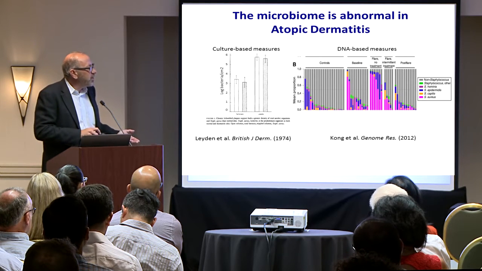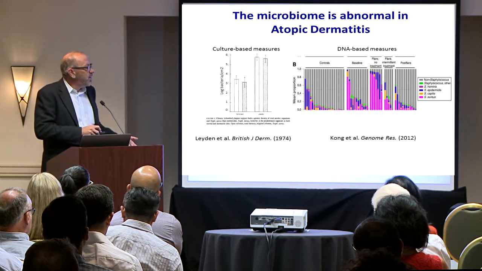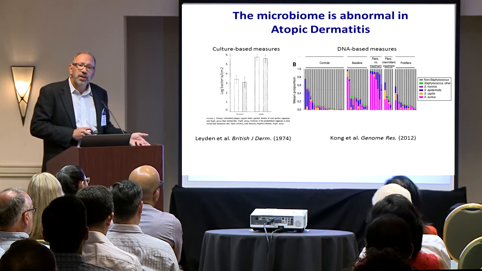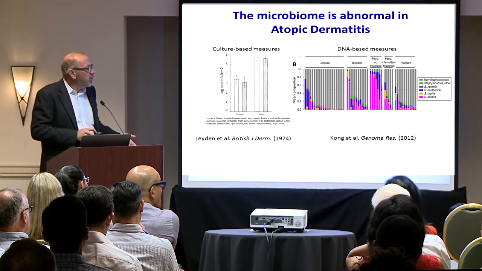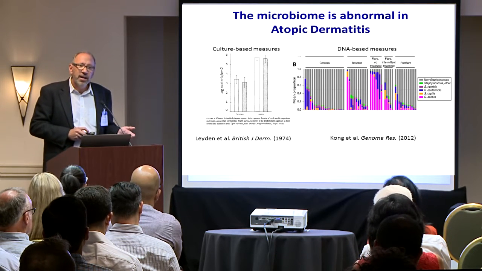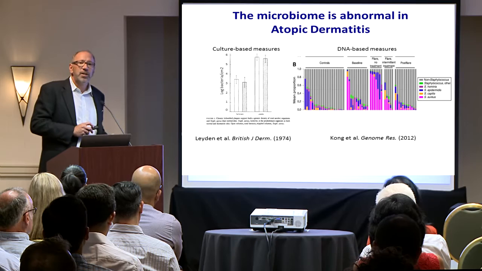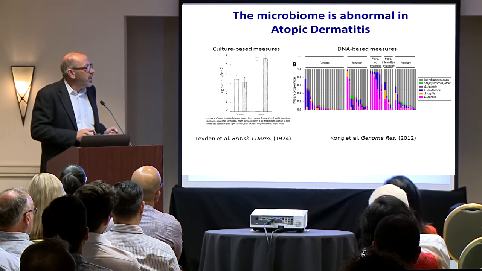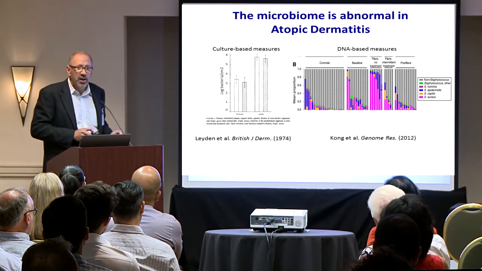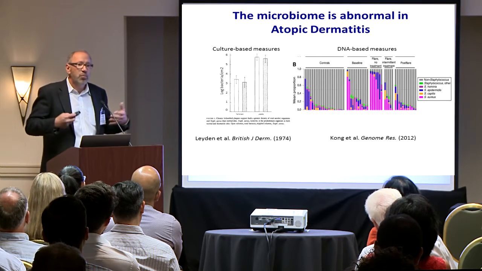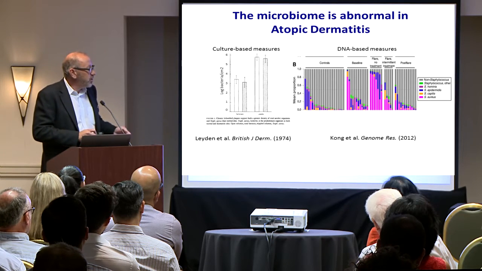And then more recently, first using 16S sequencing, and then shotgun metagenomics, studies showed that the community of organisms isolated from individuals with atopic dermatitis is different from the community isolated from controls, and that the community actually varies with disease flares. Typically, when you get the rash and it gets worse, you get more staph species, particularly Staph aureus.